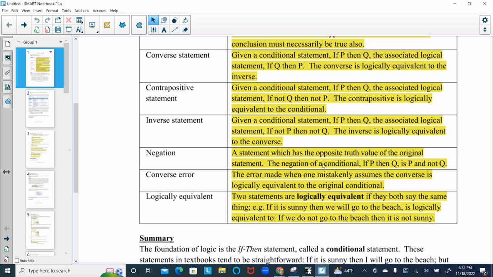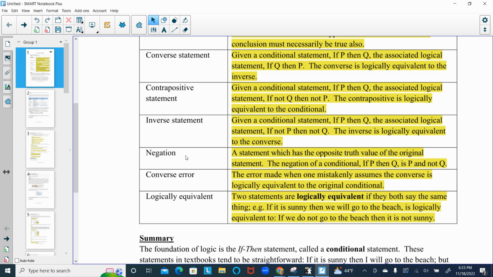So the negation of a conditional, if P, then Q, is P and not Q. Now, I prefer to think of this a little bit more realistically. So let's say that I have a statement that says it is cold outside. Then the opposite of that would be it is not cold outside. So that is just saying the opposite meaning.